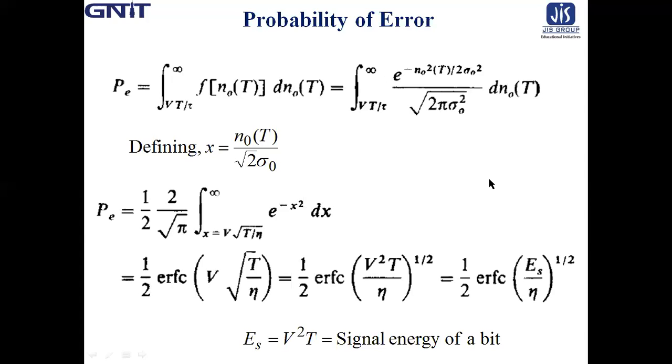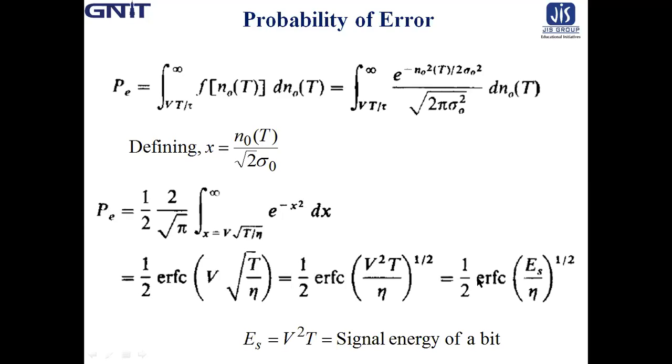Now if I plot the error probability versus Es by eta, what will be the plot? It is basically a monotonically decreasing function, because whenever this argument is increasing, the error probability decreases. And what is the maximum value of error probability?